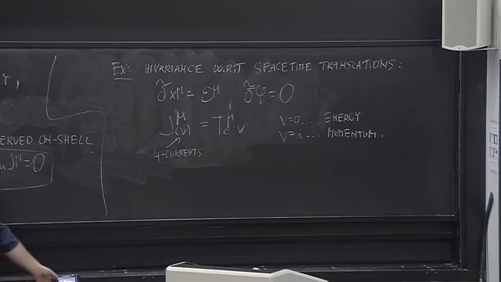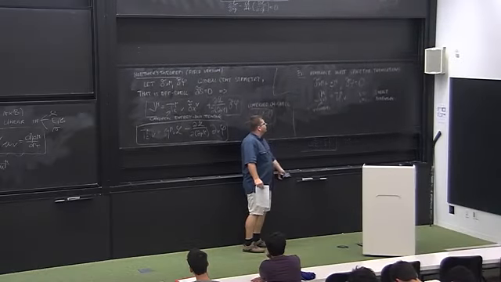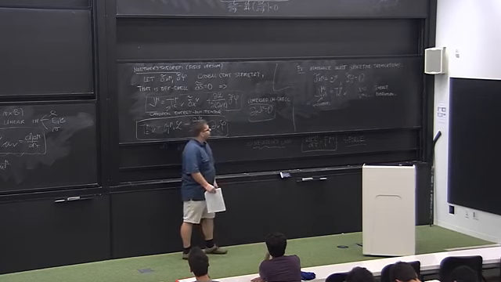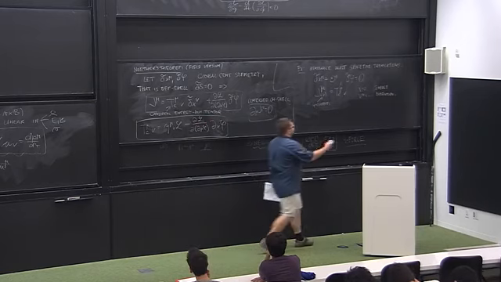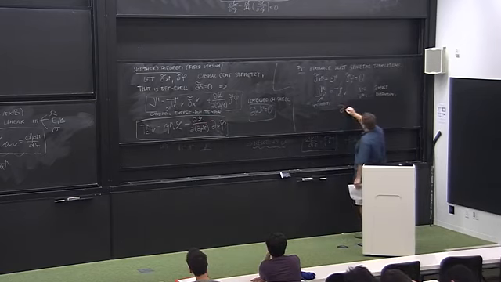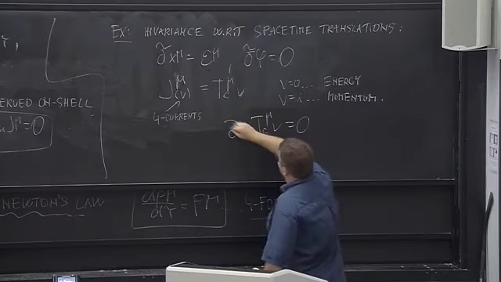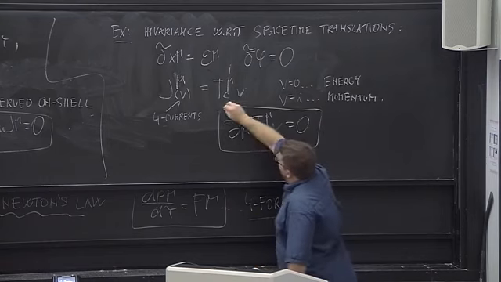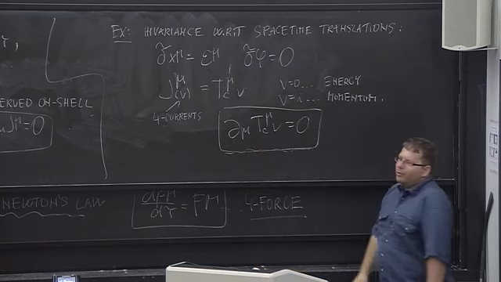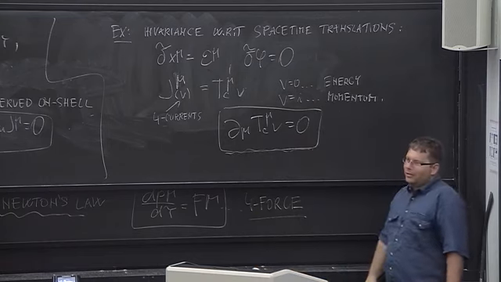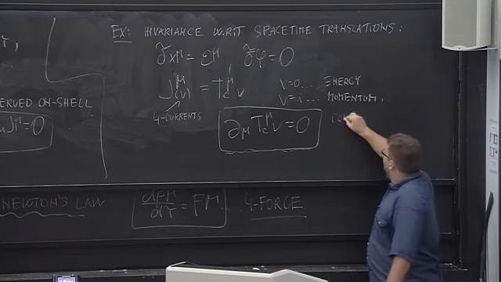These currents will be conserved on shell. That means that the divergence, partial mu J mu, is equal to 0, which translates into partial mu T mu nu canonical equal to 0 for any nu. And sometimes people call this conservation of energy momentum.